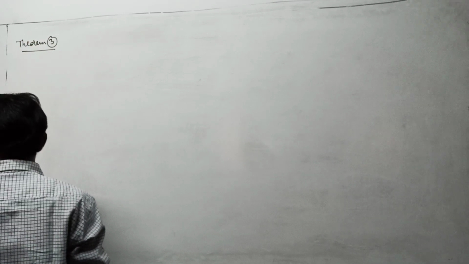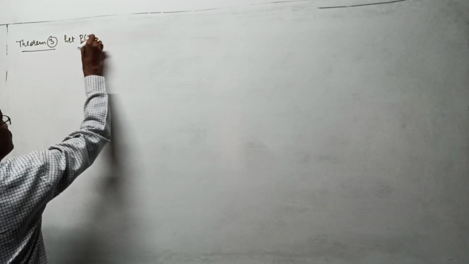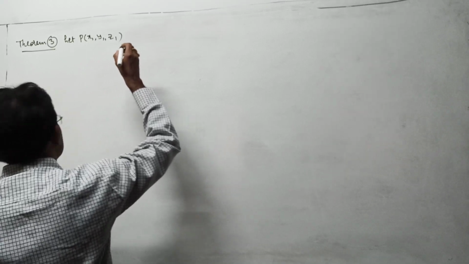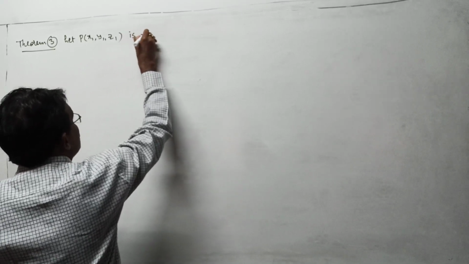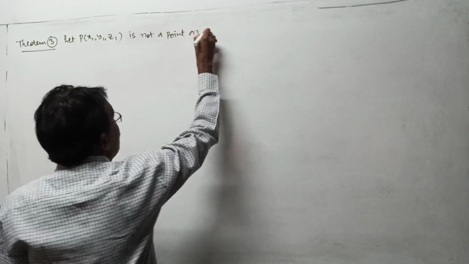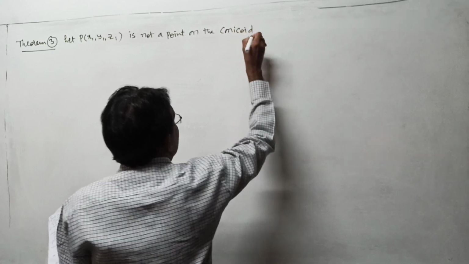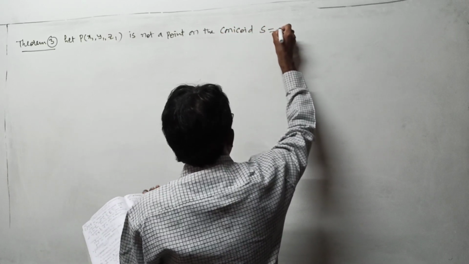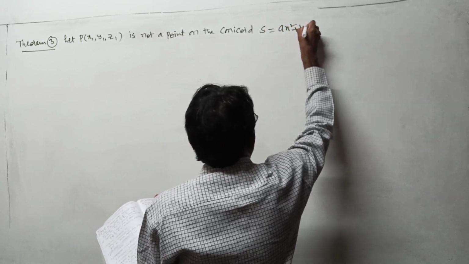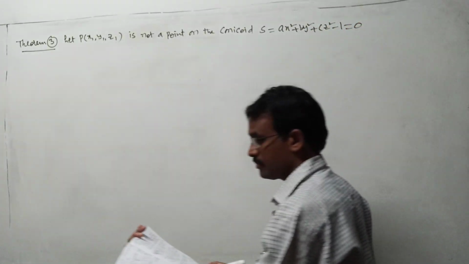Let P(x1, y1, z1) be not a point on the conicoid. That conicoid I am taking as S, which is ax² + by² + cz² − 1 = 0.